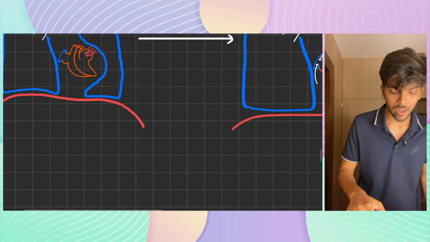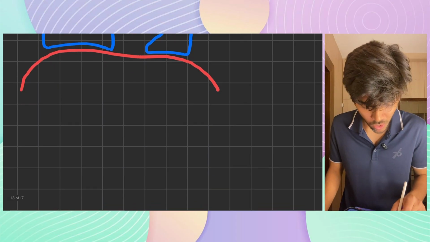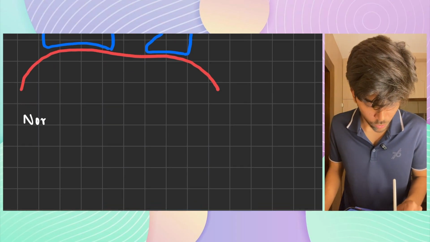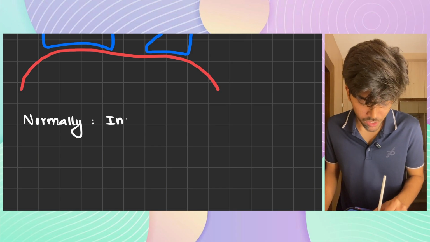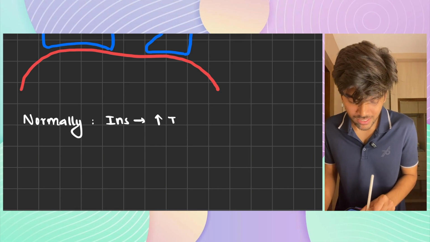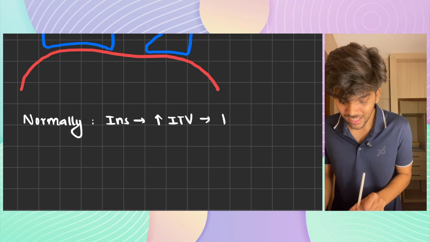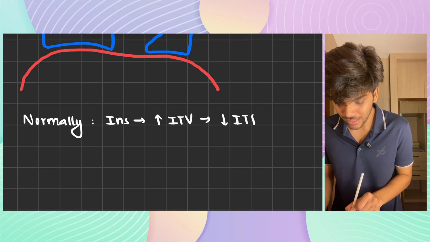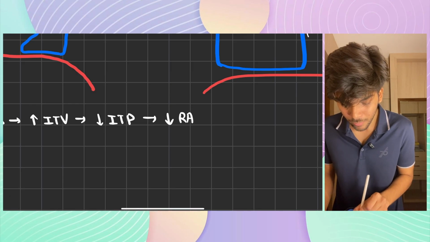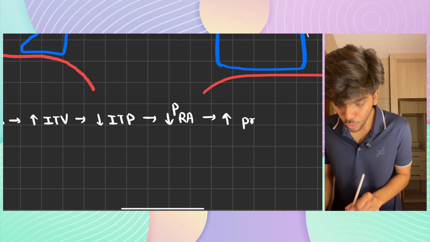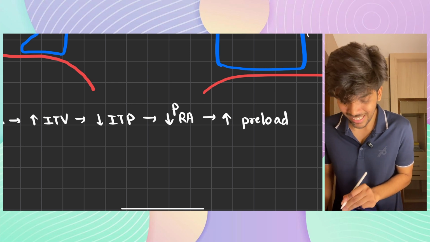Okay, let's revise what I have said just now. Physiologically or normally, this is what goes on. Normally, with inspiration, the intrathoracic volume increases and the intrathoracic pressure decreases. As a result, the pressure inside the right atrium also decreases, and the preload into the right atrium increases.